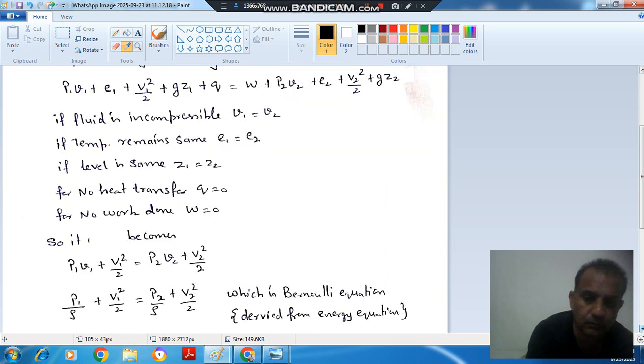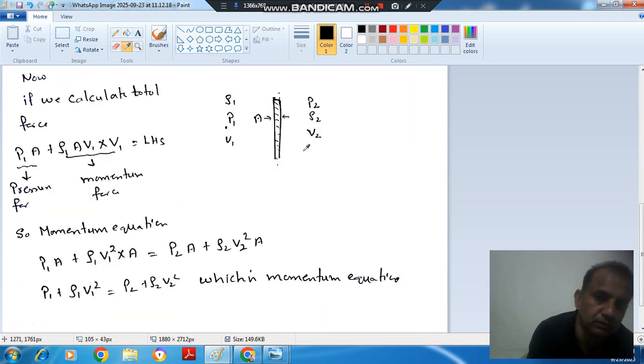Now the momentum equation. Consider a wave, or we can say a partition, or a piston. At this location the pressure is P1, density is rho1, velocity is v1, and A is the area of the shock wave or piston or diaphragm, and here the conditions of the fluid are P2, rho2, V2.